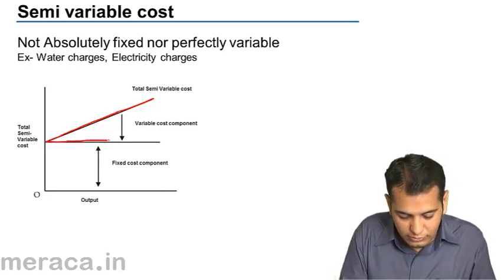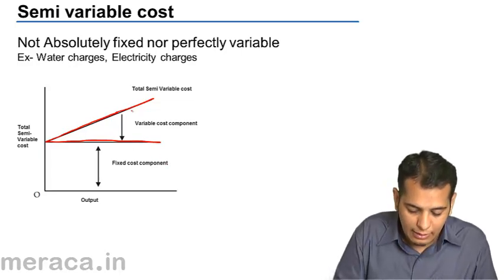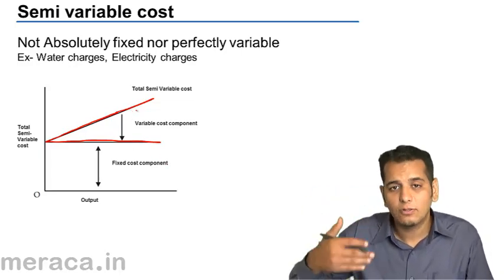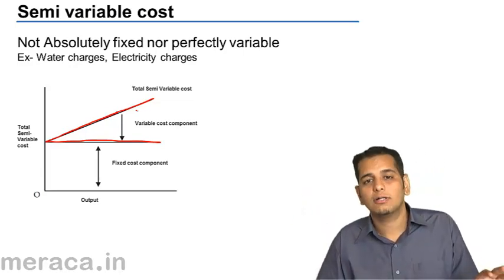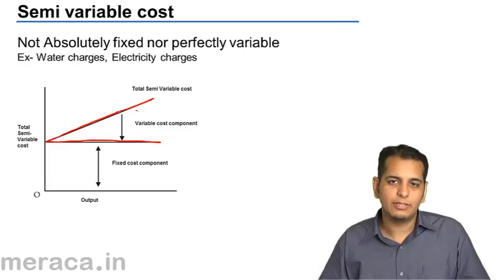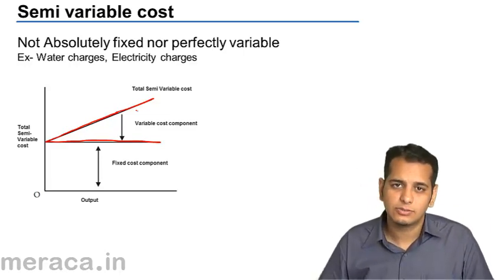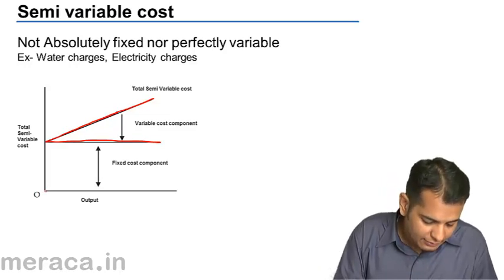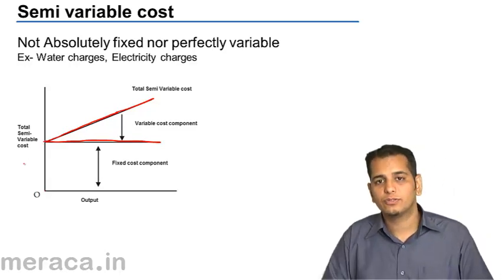So, fixed cost remains fixed, and later on, variable cost goes on adding to it. If you do not consume any electricity in your house, you will still have to pay the rental charges. Even at the zero level of consumption, you'll have to bear the fixed cost.